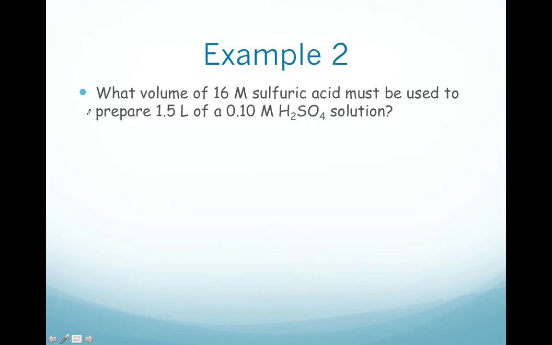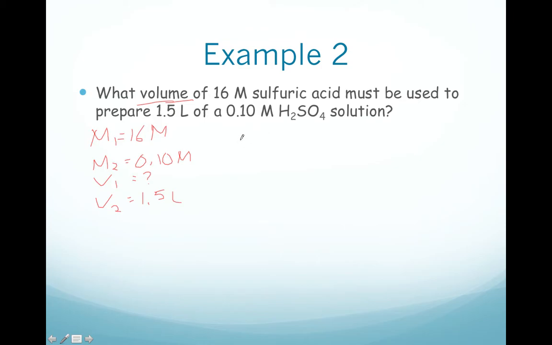You have M1, which is what you start with, which is 16 molar, and you have M2, which is what you want to end with, which is 0.10 molar. In this case, I'm looking for the volume of my 16 molar solution. So I'm looking for V1 because I don't know that, and I have a V2, which is 1.5 liters.